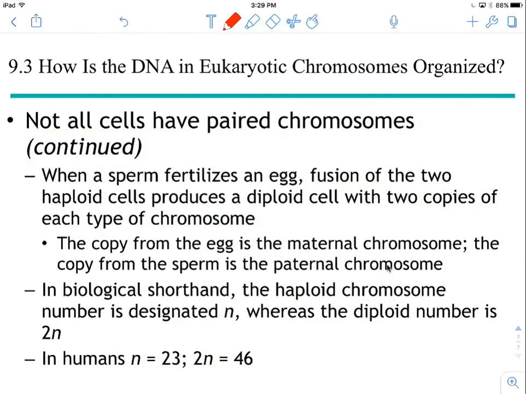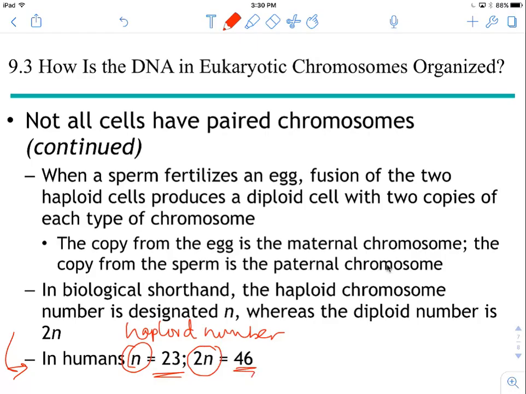So let's just look at that a little bit here. For humans, we're going to go down to the bottom. That n number, the haploid number, is 23. So our diploid number, when we have 2n, you multiply 2 times 23 and we get 46.